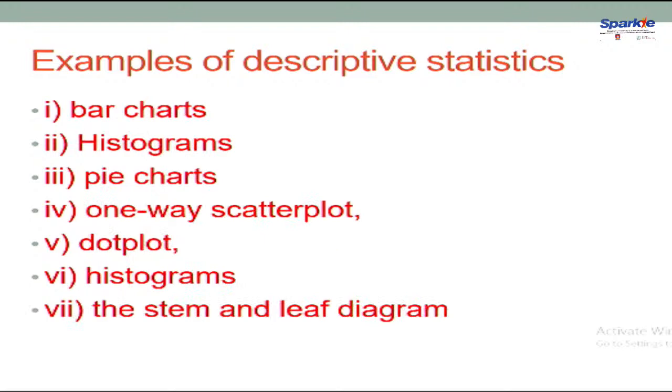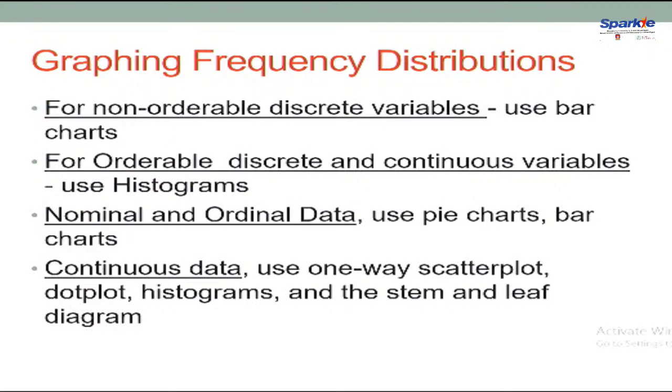Continue: bar chart, histogram, pie chart, one-way scatter plot, histogram, stem and leaf diagram. So let's look at when to use what. I think that's very critical. For non-orderable discrete variables, what do you use?